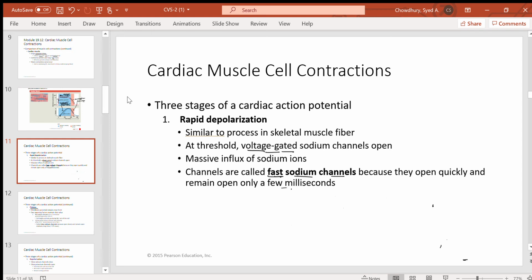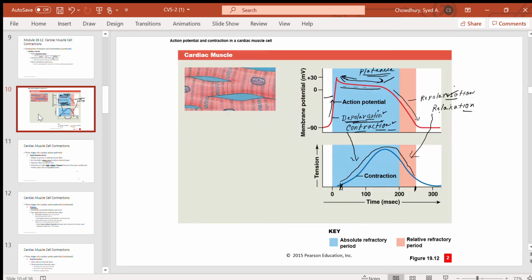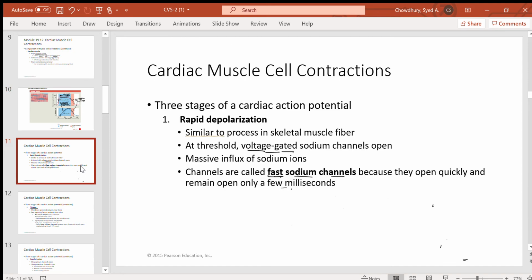So everybody, you remember the plateau that occurs in the heart muscle during contraction, between the contraction and relaxation, right? This allows some time to let enough blood get out.